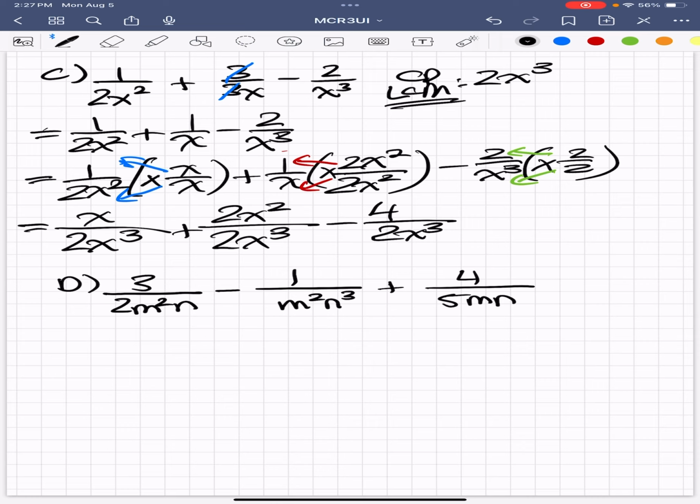So we have a common denominator of 2x to the power of 3. And then we have our numerators, which is x plus 2x squared minus 4. And I believe it's going to be 2x squared plus x minus 4 over 2x to the power of 3. And x cannot equal 0.